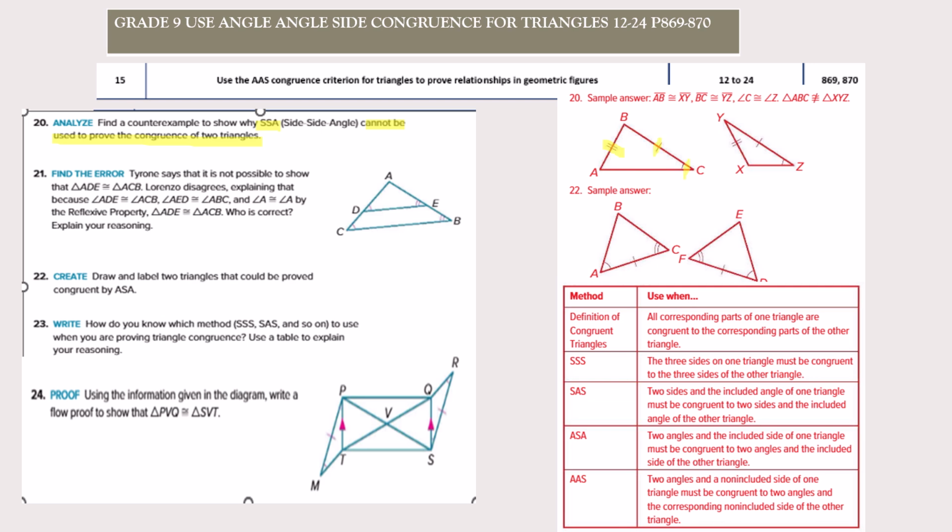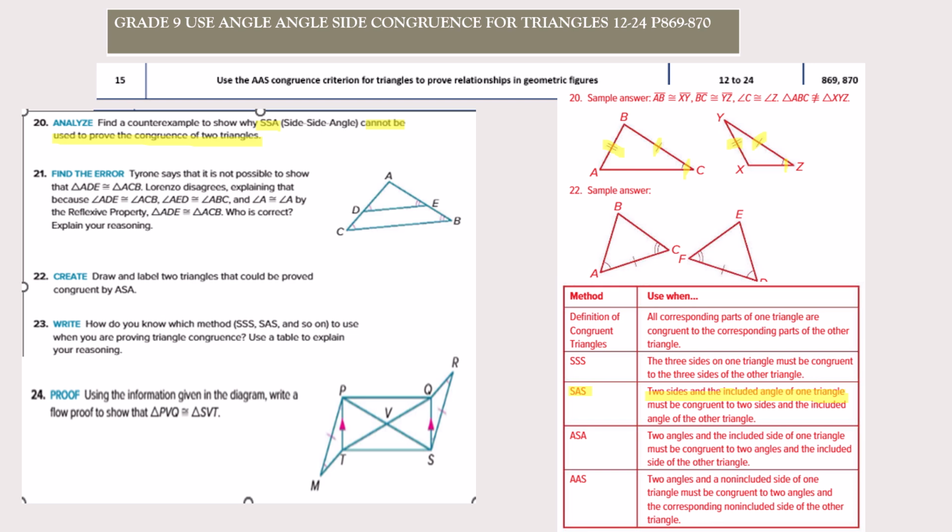We know the rule is it's got to be side, angle, side. So the angle has to always be included between the two sides, right? So the angle has to always be included before you can conclude that it is a congruent triangle. So remember, side, side, angle is not a reason.